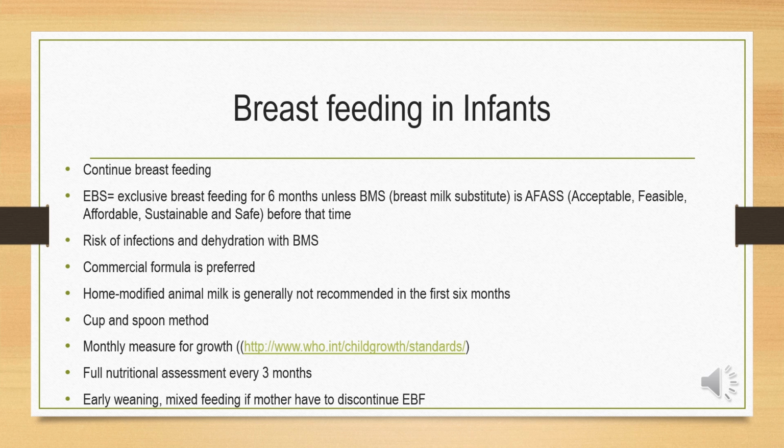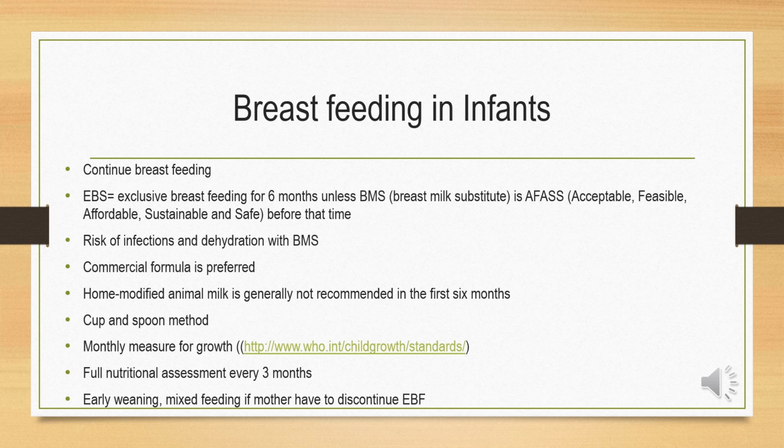In a child who is not receiving exclusive breastfeeding, the risk of infections and dehydration increases. Commercial formula is preferred over home-modified animal milk, and animal milk is generally not recommended in the first 6 months. The cup and spoon method is better than bottle feeding and is recommended.